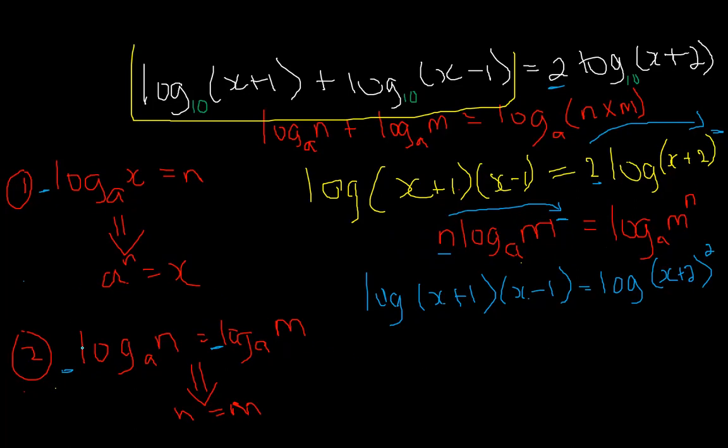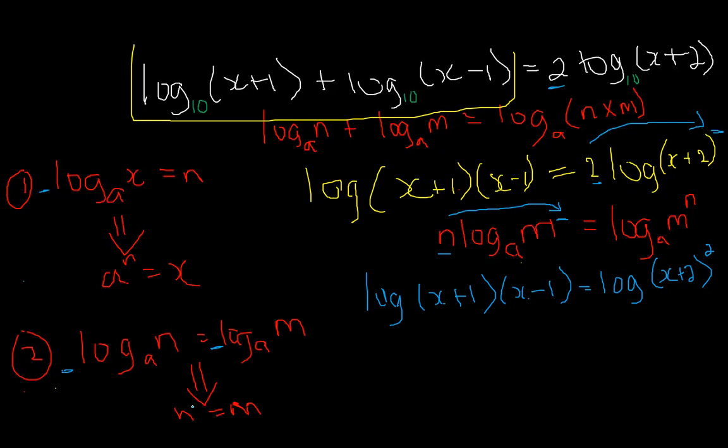Now, I have log on both sides of my equation. And if I look at this rule, it says if I have log on either side of my equation with the same base, remember, must have the same base, then I could say n is equal to m. I have the same base here. Remember that we're assuming the base is 10. So both of them have the base 10, and I see log on both sides of the equation. What does that mean?